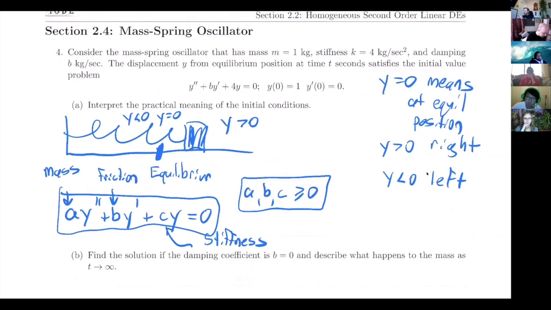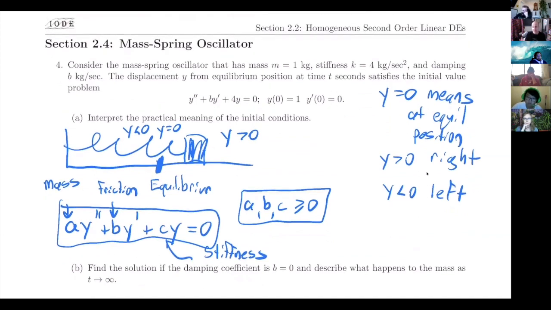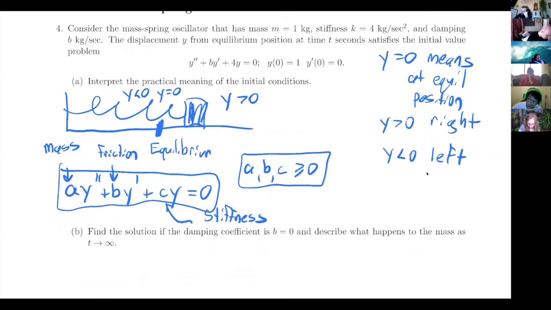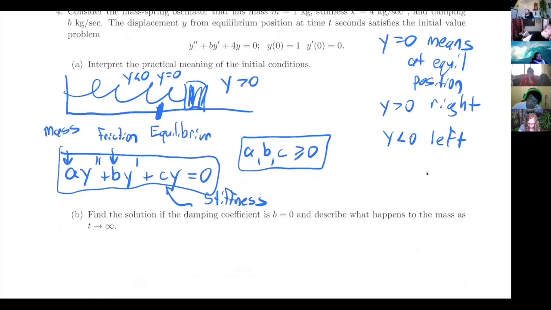And what these questions are asking you to do is just think about what happens when we change the damping coefficient a little bit. So what happens when we add friction or take friction away? So really what's going on here is in part B, it's asking you to solve the differential equation when you substitute B equals 0 into that equation.